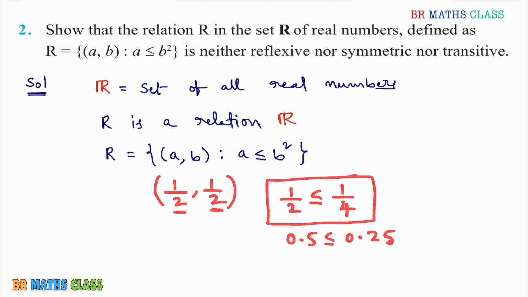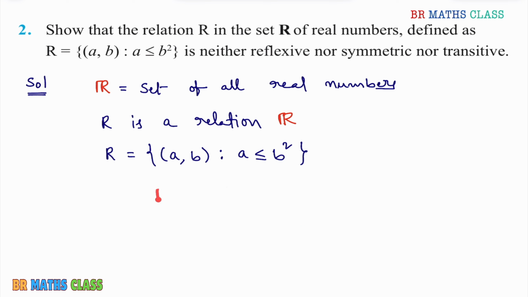Is 0.5 less than 0.25? No. Is 0.5 equal to 0.25? No. So this tells you that for (1/2, 1/2), both are real numbers, but it is not satisfying this condition. So (1/2, 1/2) does not belong to this relation. I hope you are understanding, right?